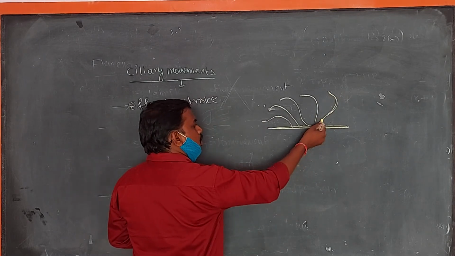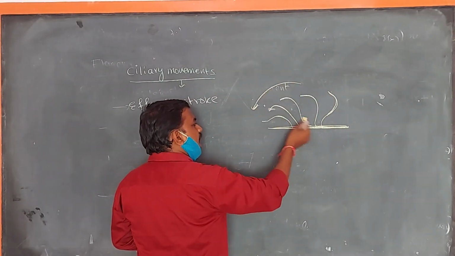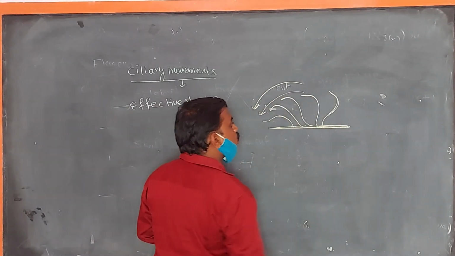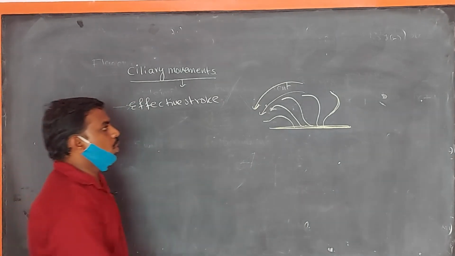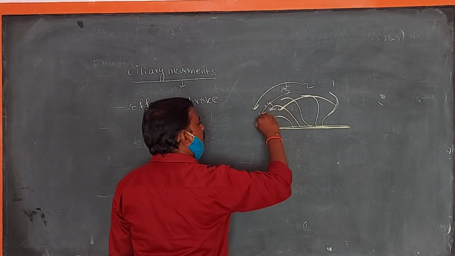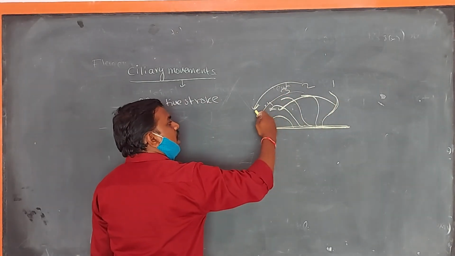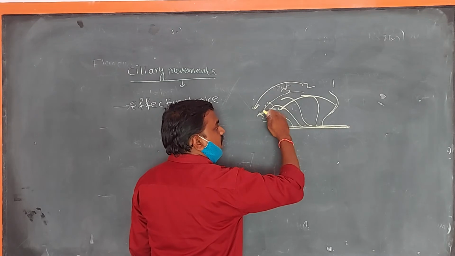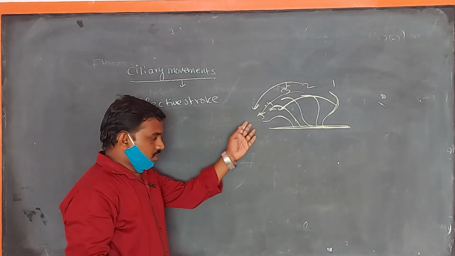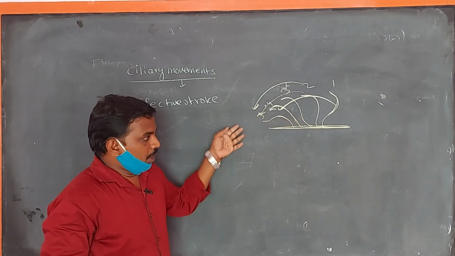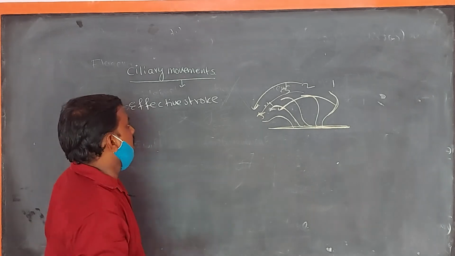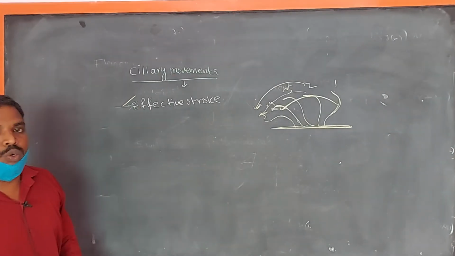These cilia bend to one side and beat against the water, and the organism moves in the forward direction. It is also called the effective stroke.